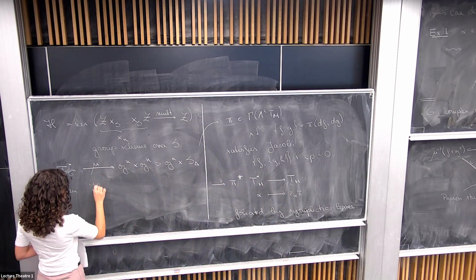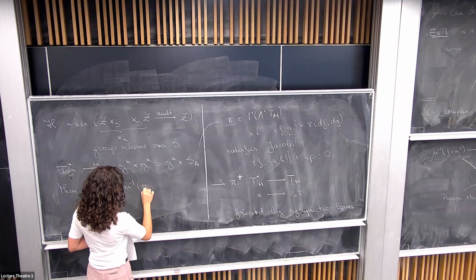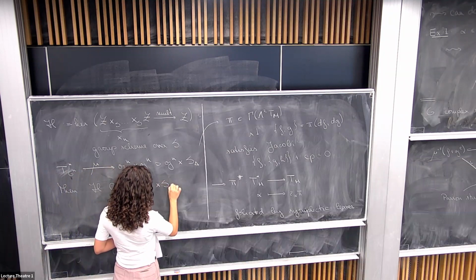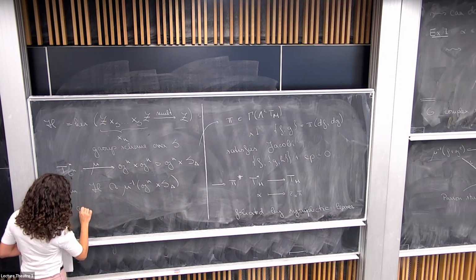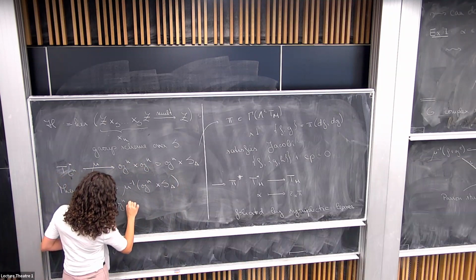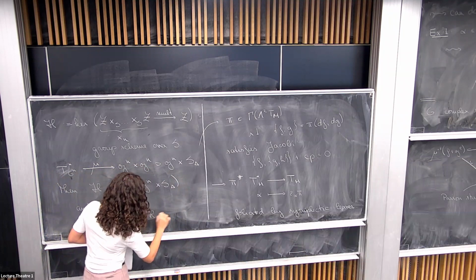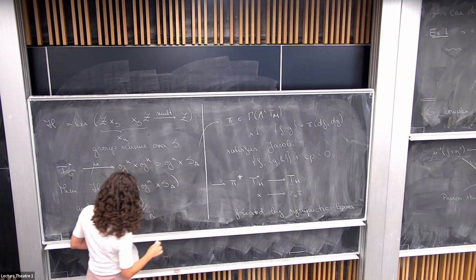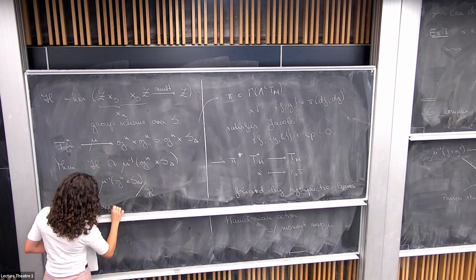And in this case, H acts on the preimage of the subspace. And when I take the quotient by this action, well, this is symplectic.